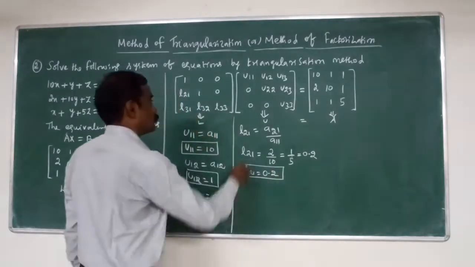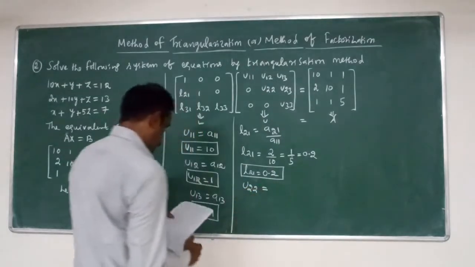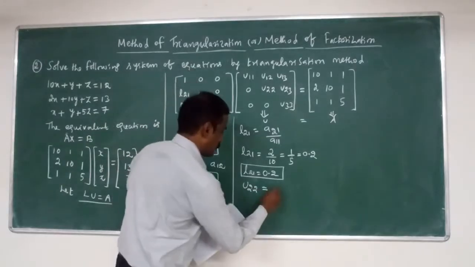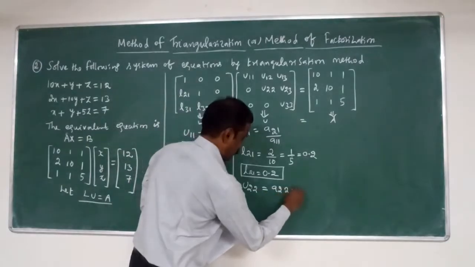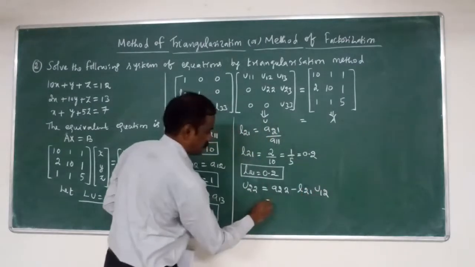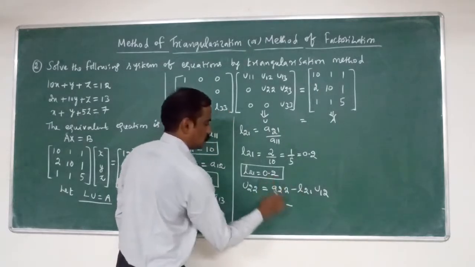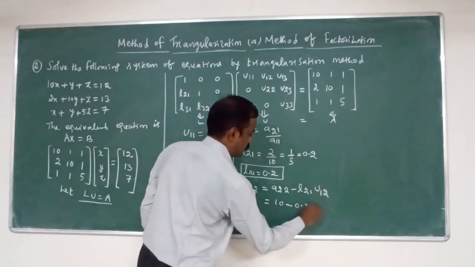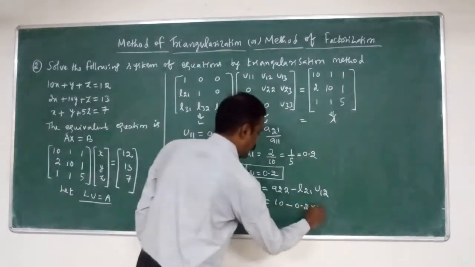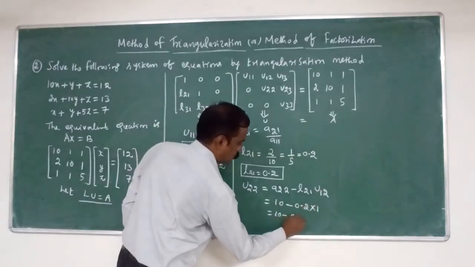Next one, to find out U22, the formula is U22 equal to A22 minus L21 U12. Here the A22 value 10 minus L21 value 0.2 into U12 value 1. Now 10 minus, multiplying these two, 0.2.